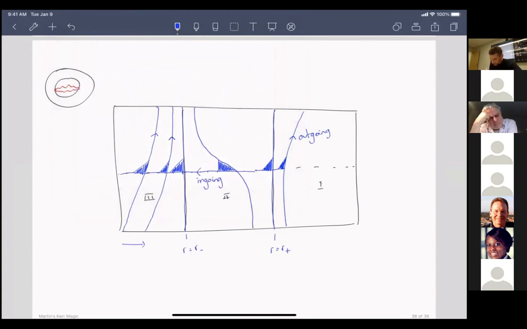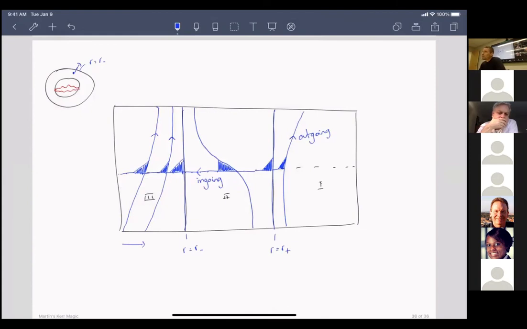So it's not even at r equals 0, right? This is r equals r minus. It's arbitrarily close to r equals r minus. And when I shoot an outgoing null geodesic towards r equals r minus, somehow, because I'm past r equals r minus, the outgoing null geodesic never makes it to r equals r minus.